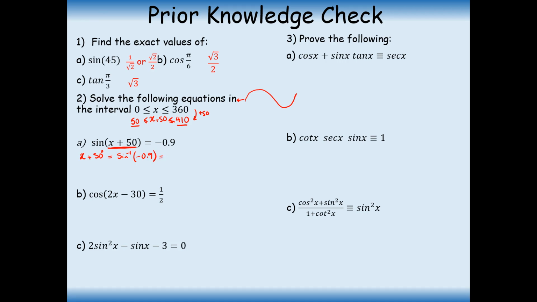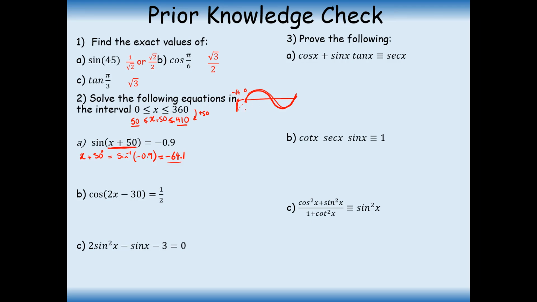Now when you put that on your calculator, you end up with an answer of negative 64.1, and this is obviously not even within the range that we want. But if you think about the sine curve, our answer is down here at negative 64 and 0 is here.